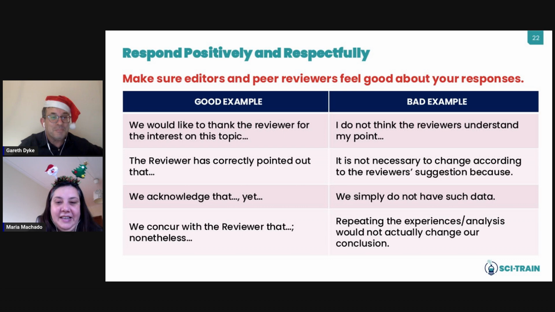Right, Maria? Yes. So there are some things that always happen, which is whenever you first read a peer review, you say, I think they missed the point of my paper. They didn't understand what I was saying at all. If that actually did happen, you can't really say it was their fault.